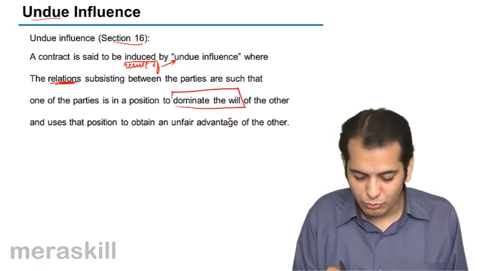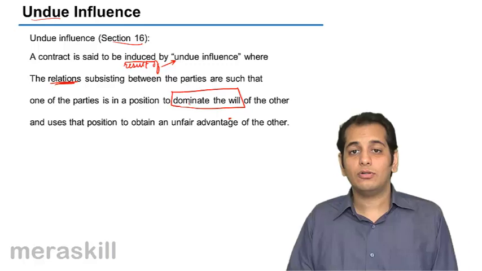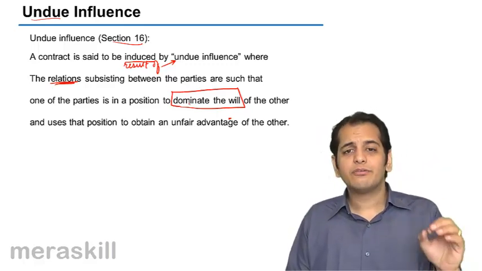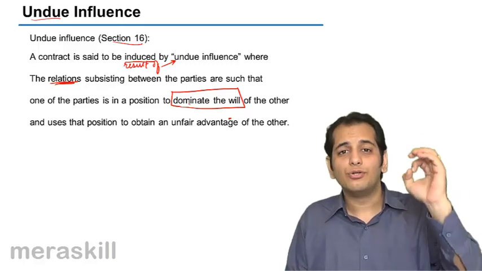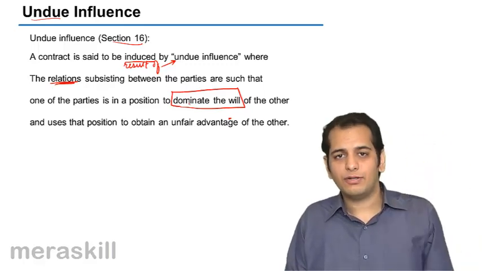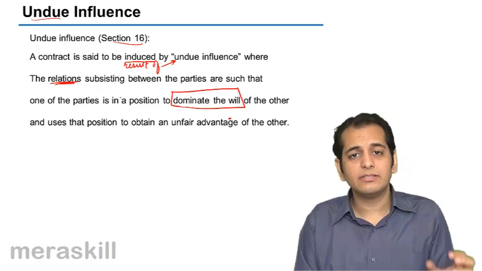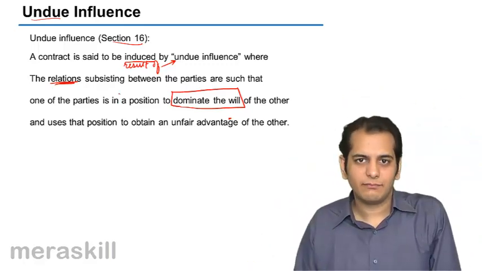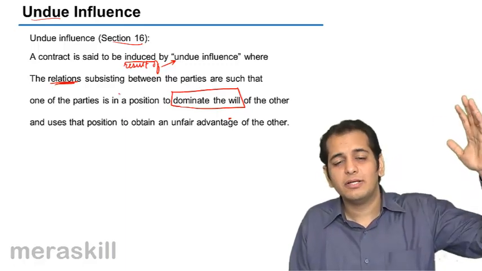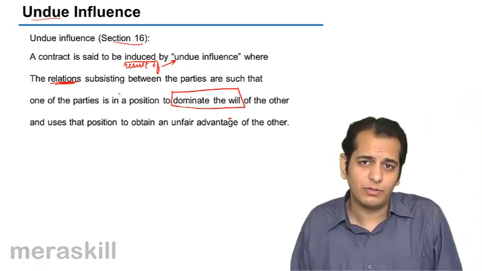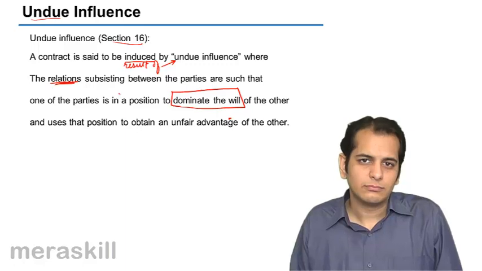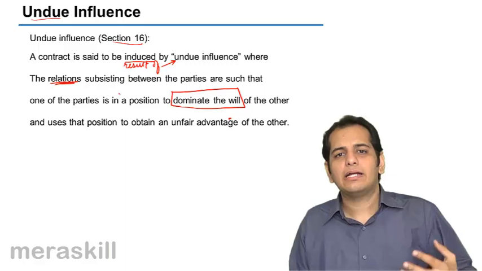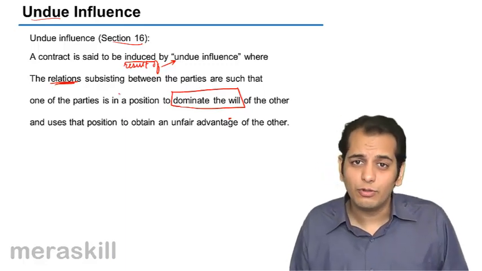This is the most important phrase. Undue influence can be defined as dominating the will of the other. Here, one party is in such a position that it can dominate the will of the other. A teacher normally is in such a position that he can dominate the will of the students.